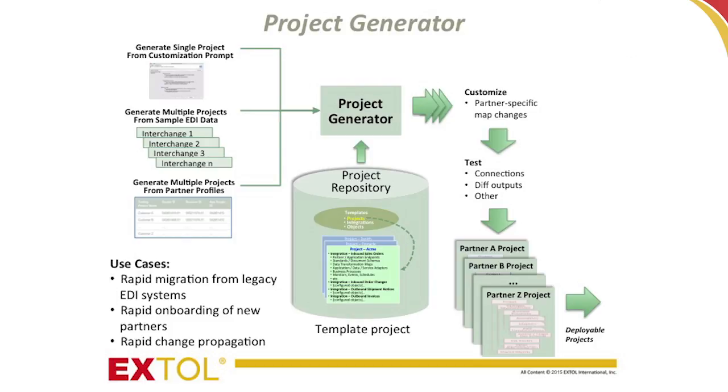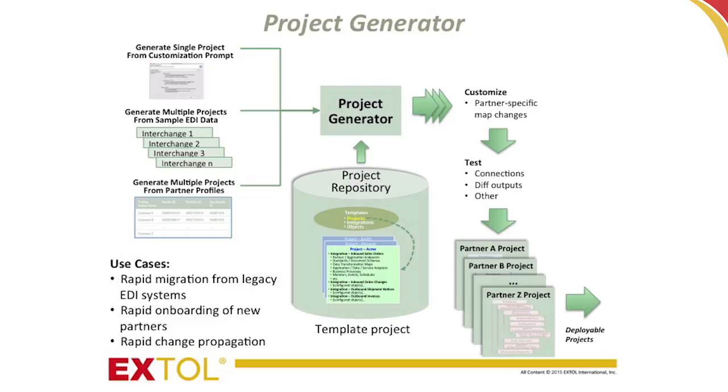The project generator allows you to take sample data, as you can see in the top left of the slide, run that through the project generator, and it will grab, for lack of a better term, from the interchange and the GS levels all of the trading partner specific information and pull that into EBI, allow that to be used on predefined projects, and roll out that specific set of documents for those trading partners.